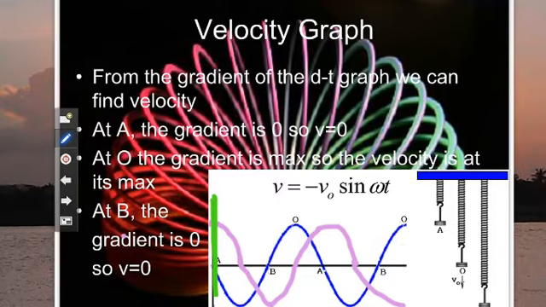When it's passing through the origin, the displacement is 0, but the velocity is at its maximum. And then it travels back here, it gets to the other side, and again, the velocity is at 0. So at the maximum displacement positions, the velocity is 0. As it passes through the origin, the velocity is at its maximum.